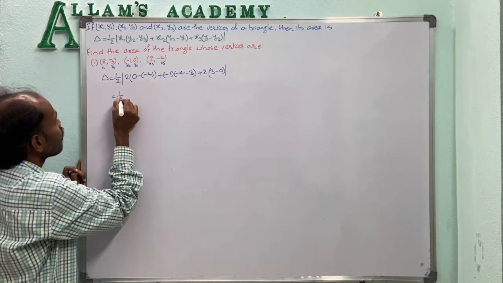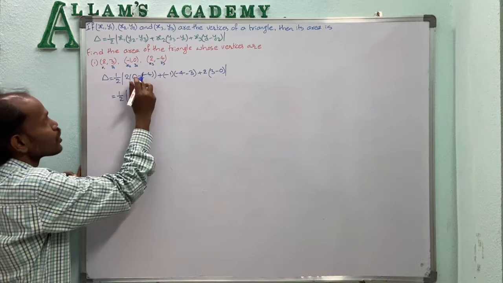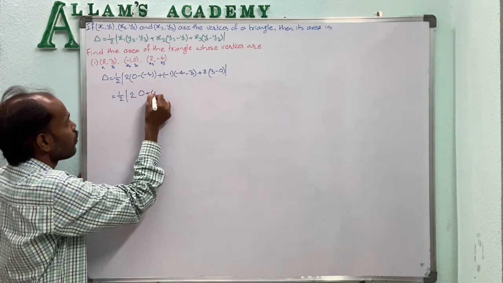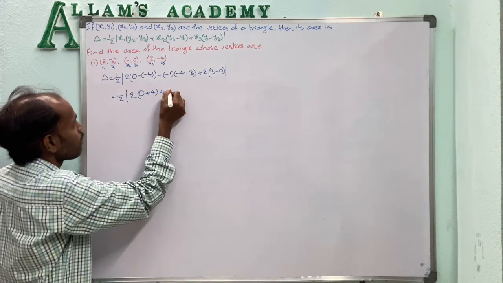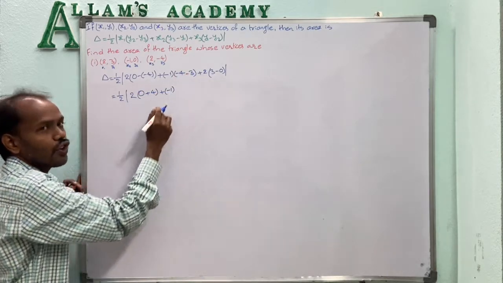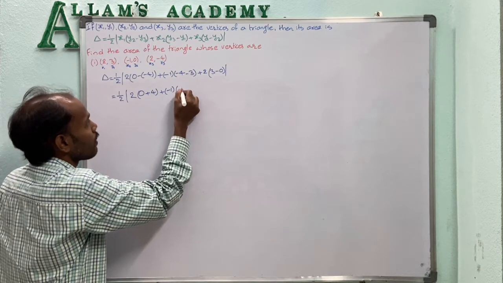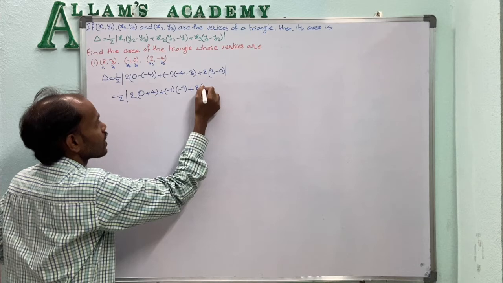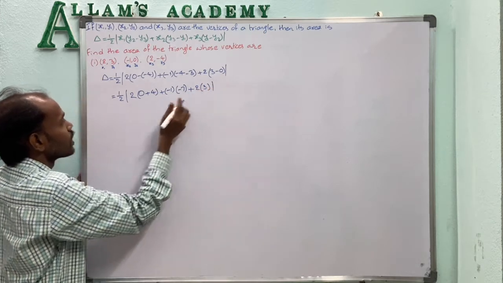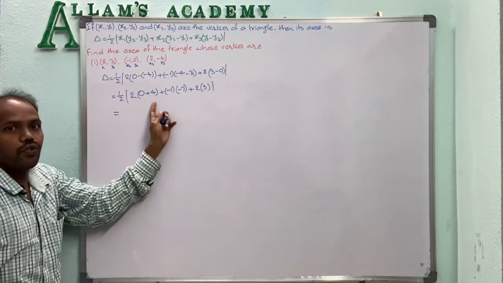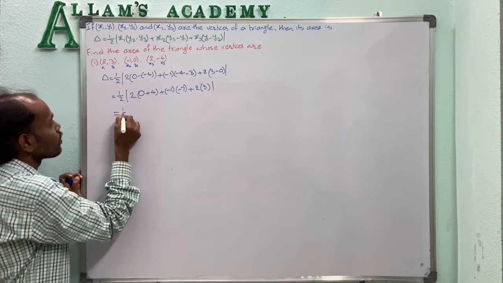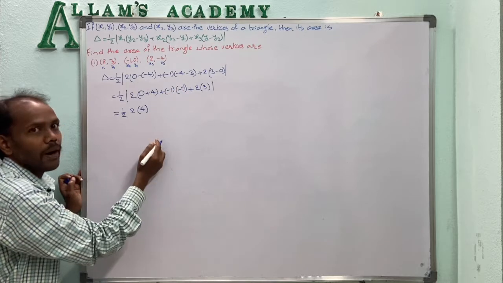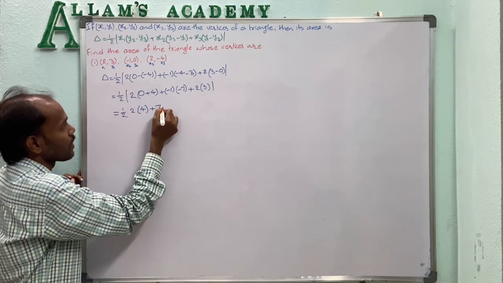That is equal to half mod 0 minus of minus 4, that is 0 plus 4, plus minus 1 into (minus 4 minus 3), that is minus 7, plus 3 minus 0 is equal to 3. So 2 into 3; 0 plus 4 is equal to 4. Minus 1 into minus 7 is equal to plus 7.